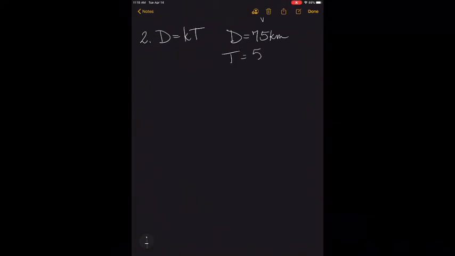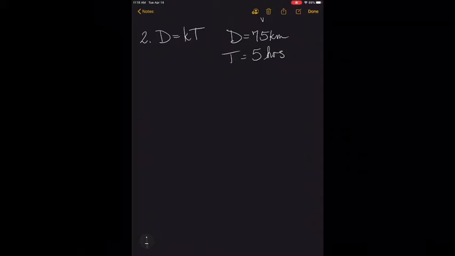If the car goes 75 kilometers, let's first start with our formula. Distance equals K times time. So our distance is 75 kilometers, and our time is 5 hours. How far will it go in 7 hours?